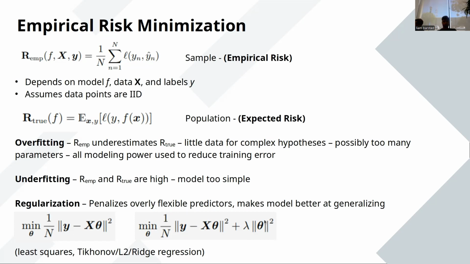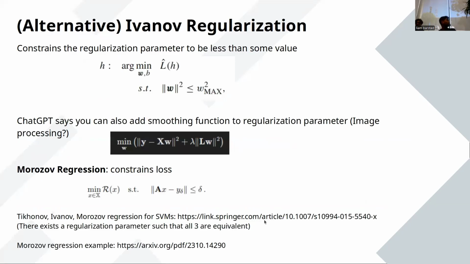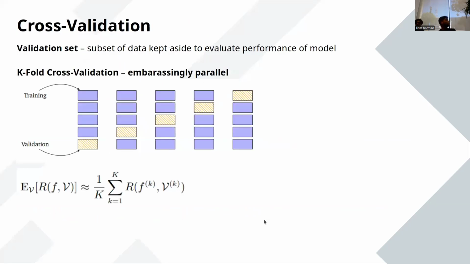Okay. Thank you guys. Moving on, they talk about cross-validation, and I assume, as for a lot of us, this is something we've heard of. Cross-validation is the idea that the validation set is a subset of the data that evaluates the performance.